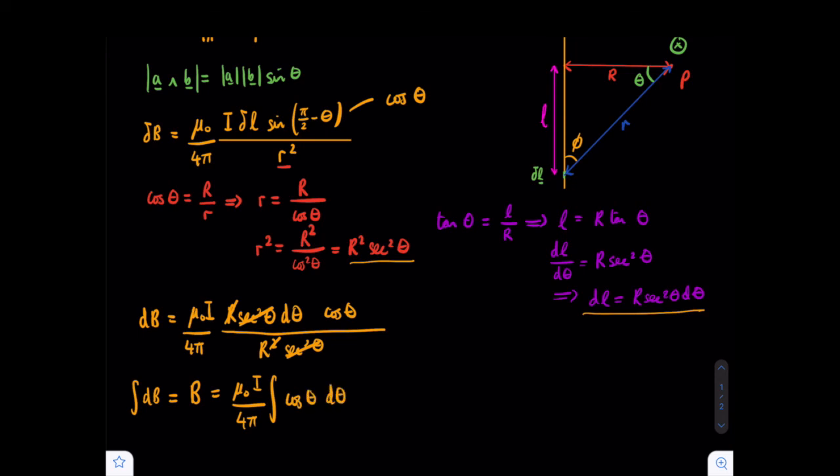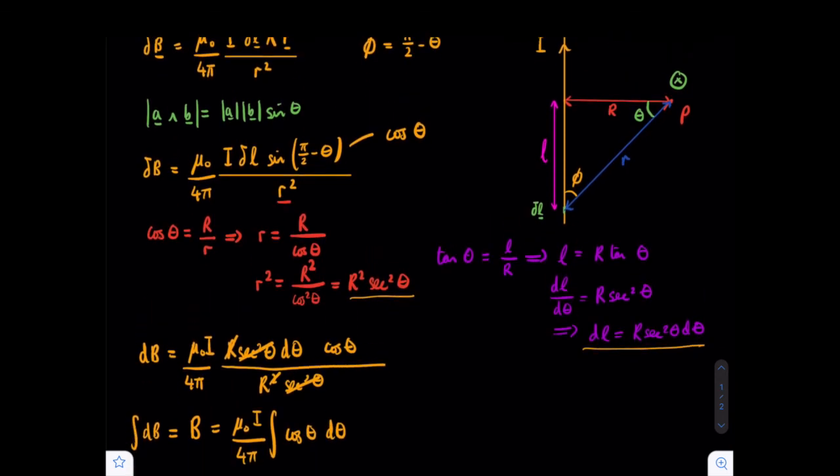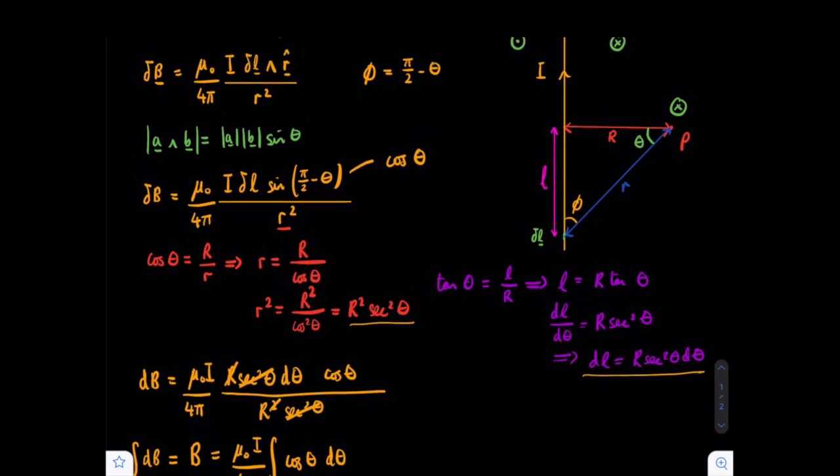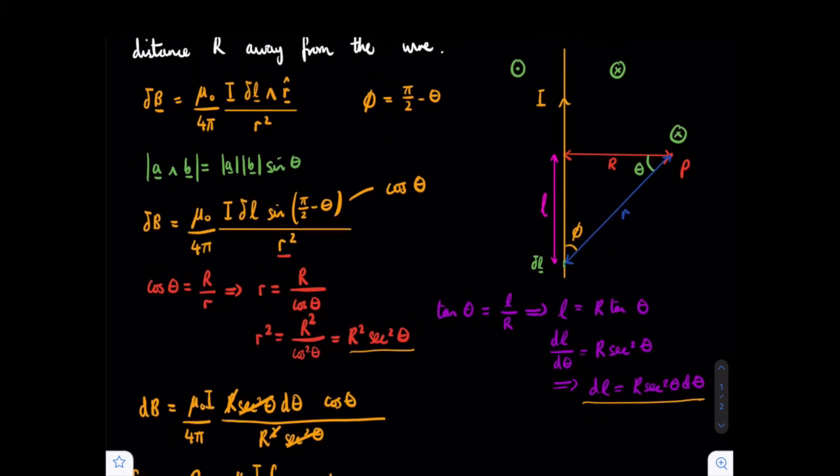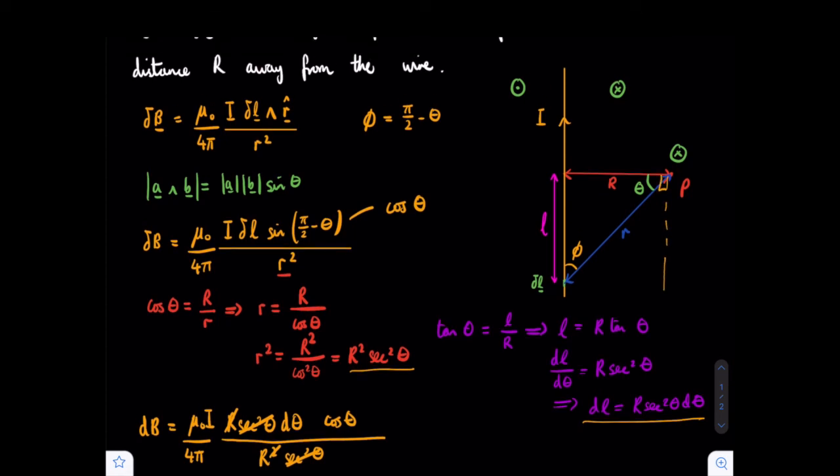And the limits, what would the limits be? Well, if this is an infinite wire, theta will tend to 90 degrees, and that will be the maximum value, and also 90 degrees on the other side.